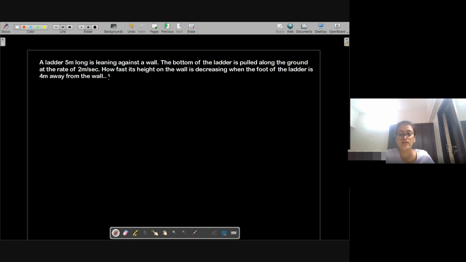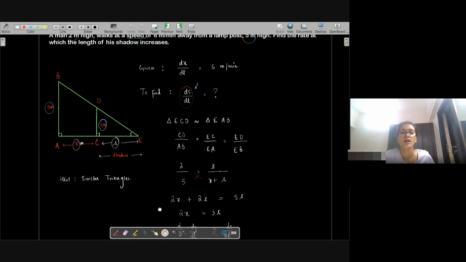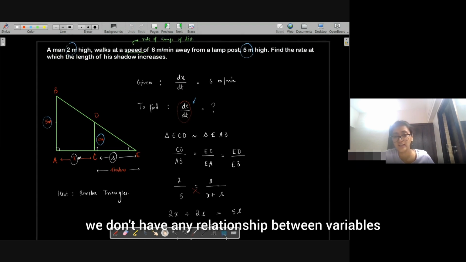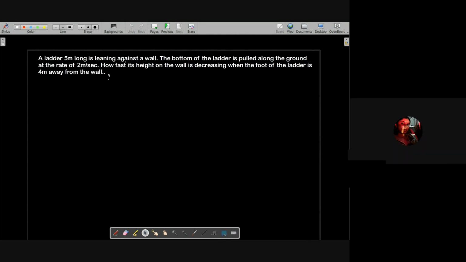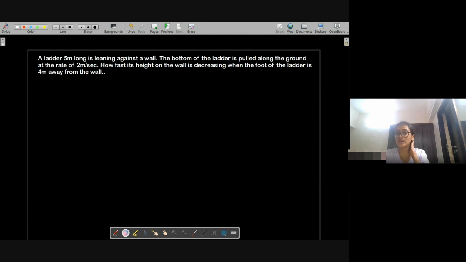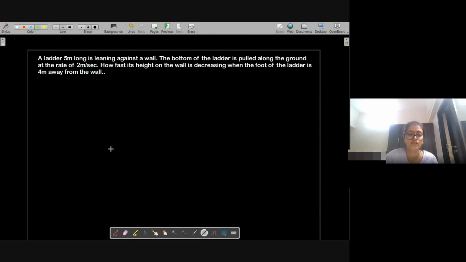This will be kind of similar to the previous question because we don't have any variables or any relationship between variables. Everything we'll have to figure out. But first, 80% of your work is done when you draw the figure correctly. So there is a ladder, a wall, and the ground.